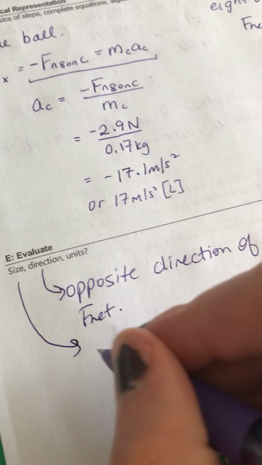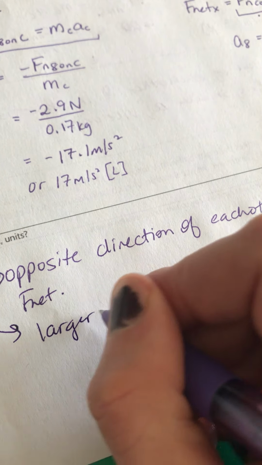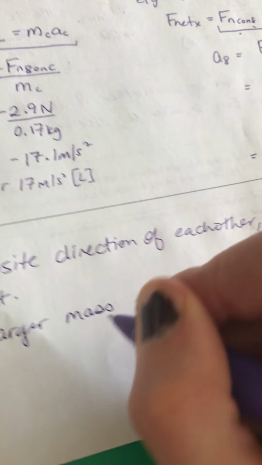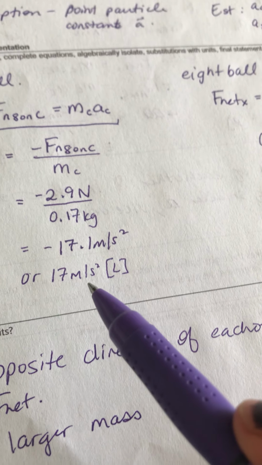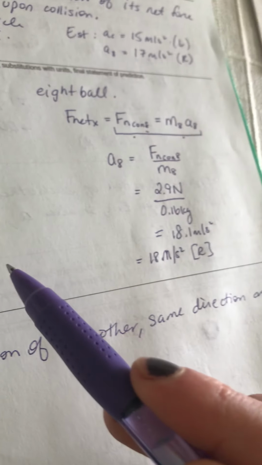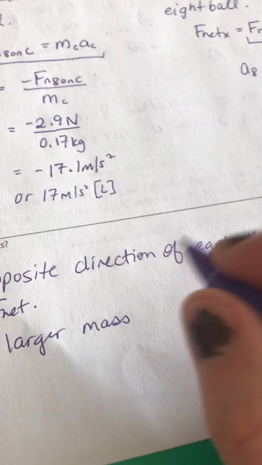The size, so larger mass, let's just check that. So the cue ball had the bigger mass. It had 17 meters per second squared. And the 8 ball had the smaller mass. It had a larger acceleration, so that makes sense.